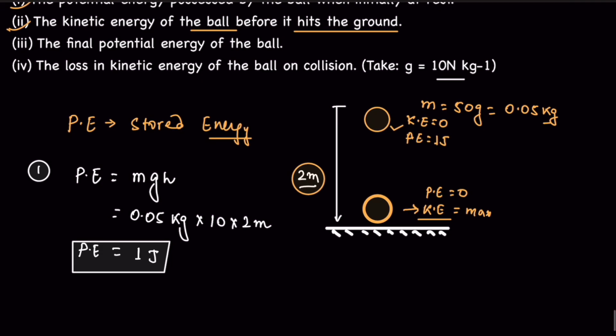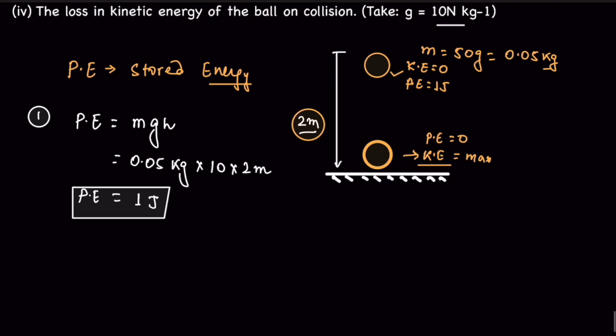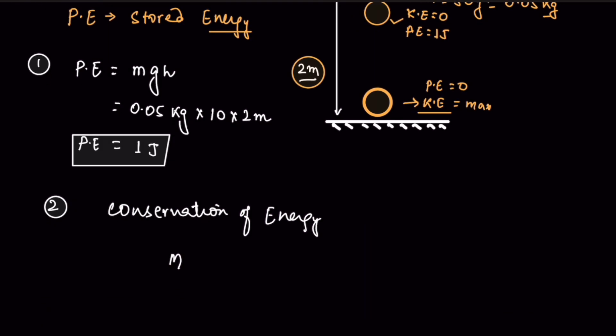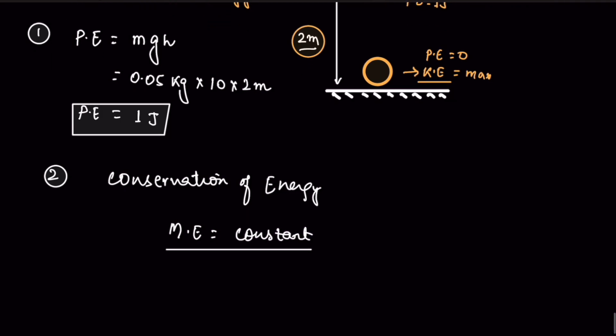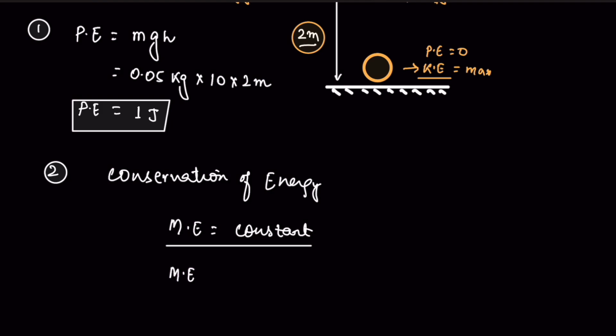So for the second question, we can use conservation of energy. So we can say that mechanical energy is equal to constant. And what is mechanical energy? It is the sum of potential energy plus kinetic energy.